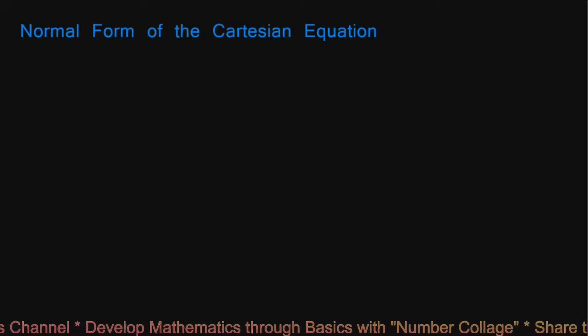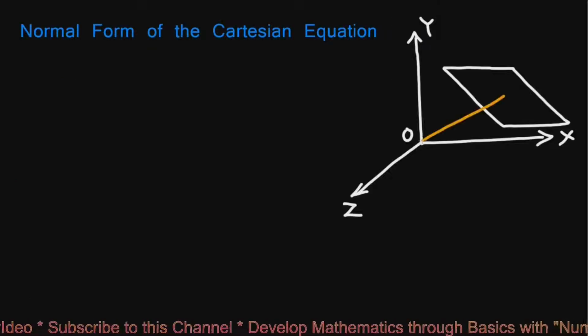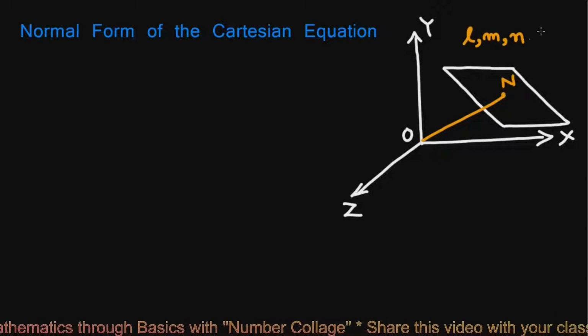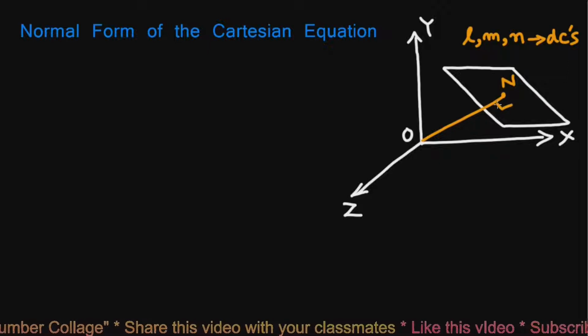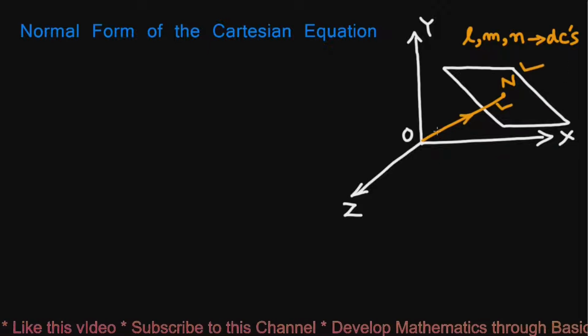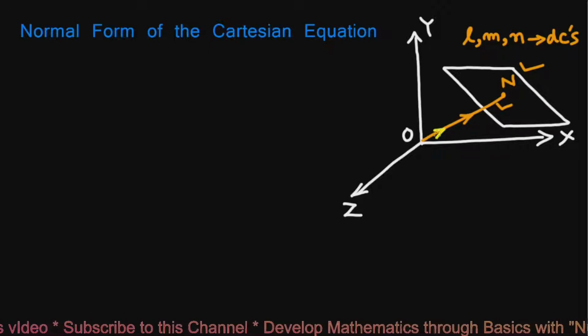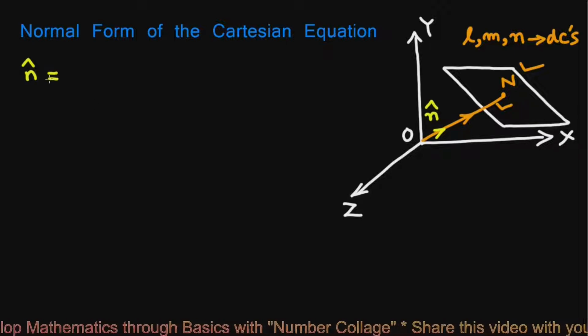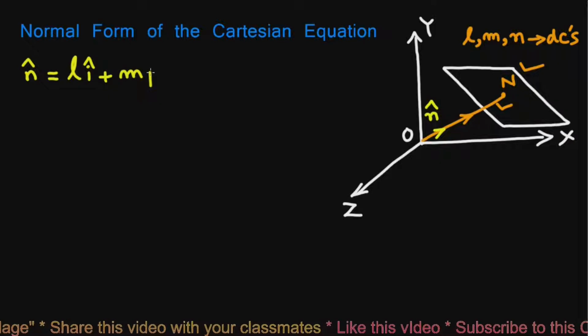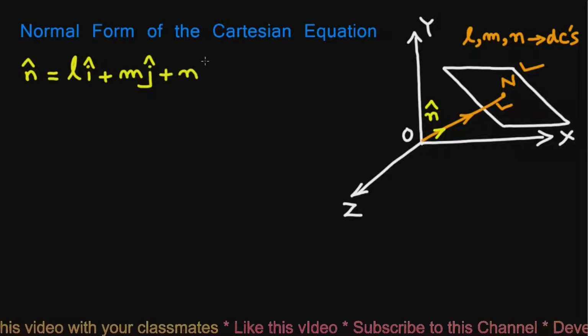Now we will see the normal form of the Cartesian equation. In this figure, if l, m, n are direction cosines of this normal to this plane, then we have the unit vector n cap in the direction of this normal as l i cap plus m j cap plus n k cap.